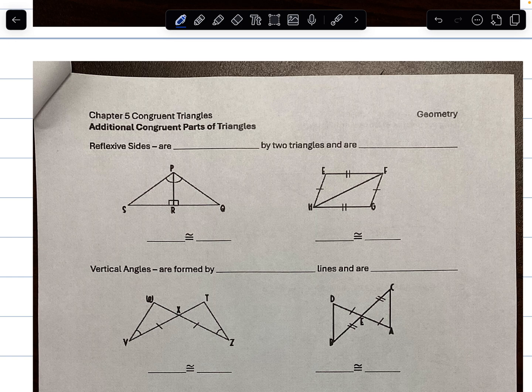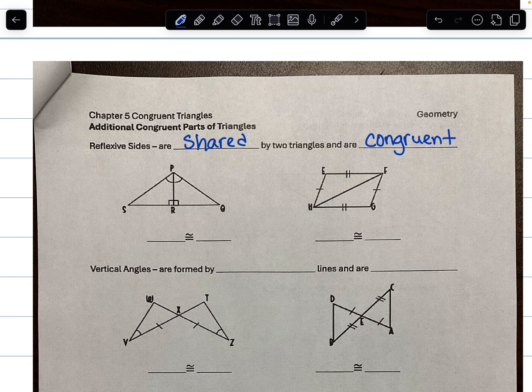Okay, now a lot of this on the back page are different things that we've already talked about and gone over, right? So what do we know about a reflexive side? They are the same, right? So reflexive is just a shared side by two triangles, and they're equal, or we'll use the word congruent.